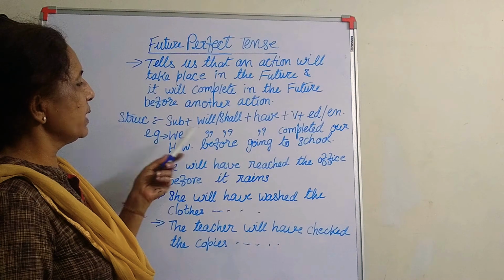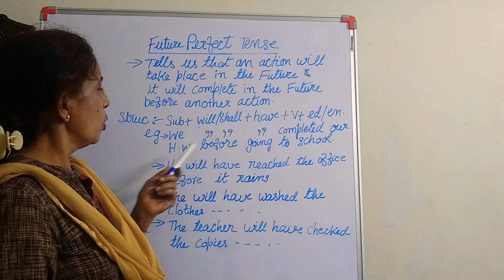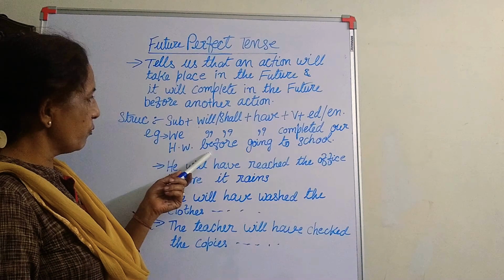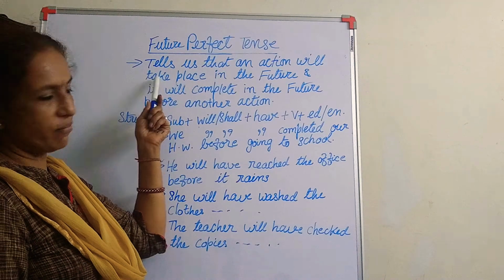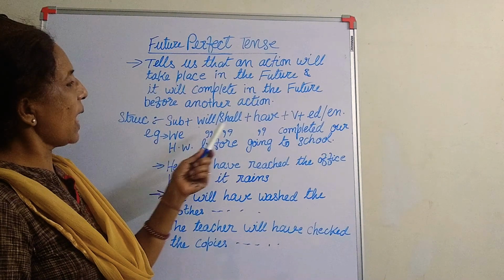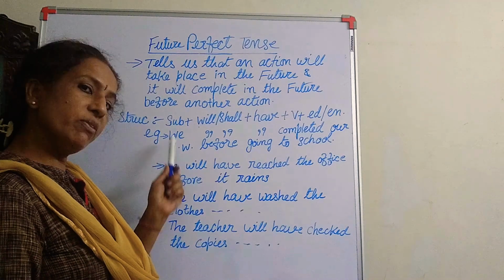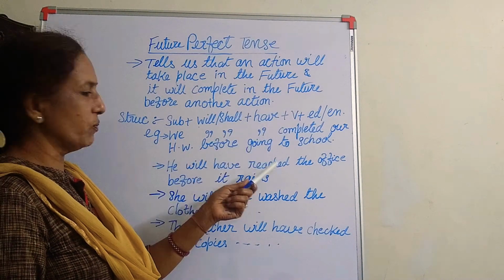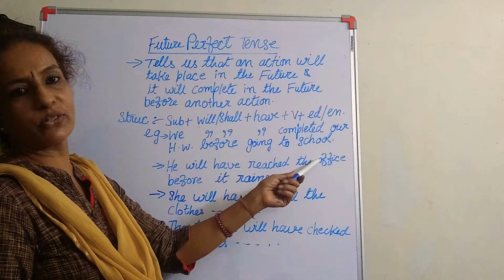So what do we say? We will or shall have completed our homework before going to school. So as per the definition I have given, we will have completed our homework. It is not yet completed. We will have completed our homework before the other action, that is, before going to school.